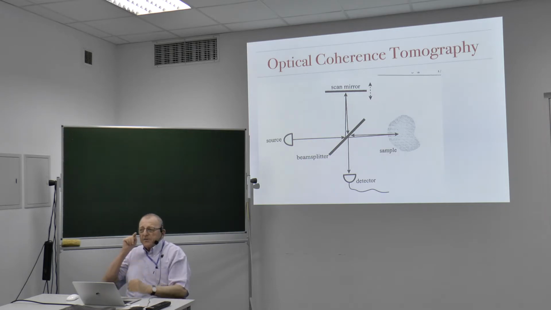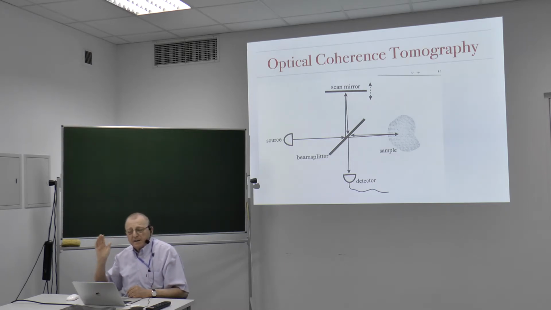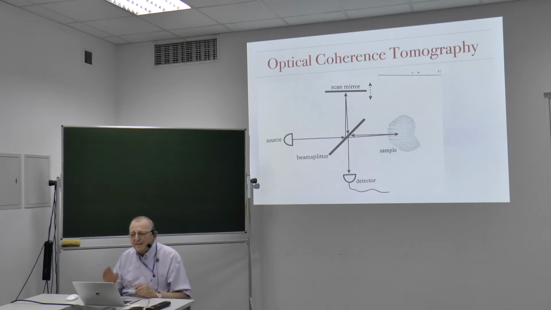So with this, I can shine a slightly incoherent beam of light into my eye, and by changing the mirror, I mean, this is easy to say, very complicated to make. It took years to construct it. Then I can probe the eye at different depths.